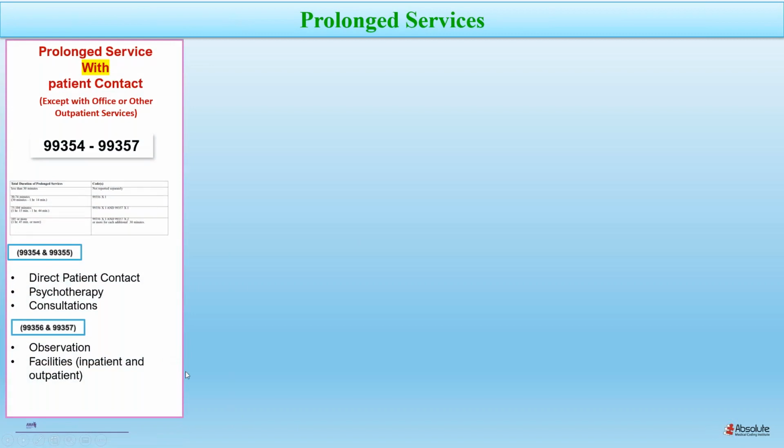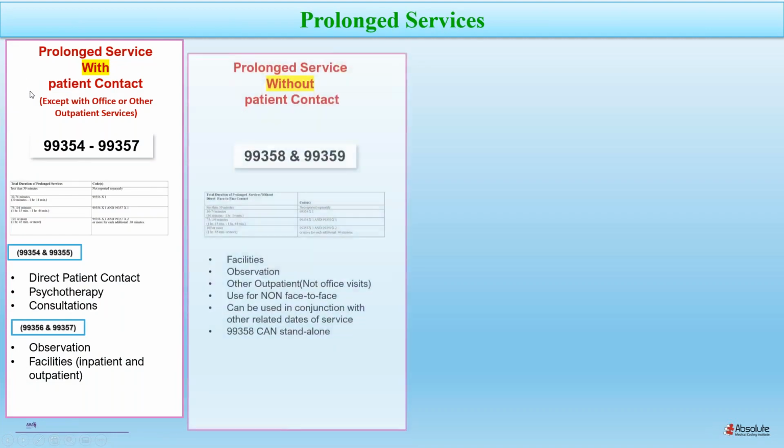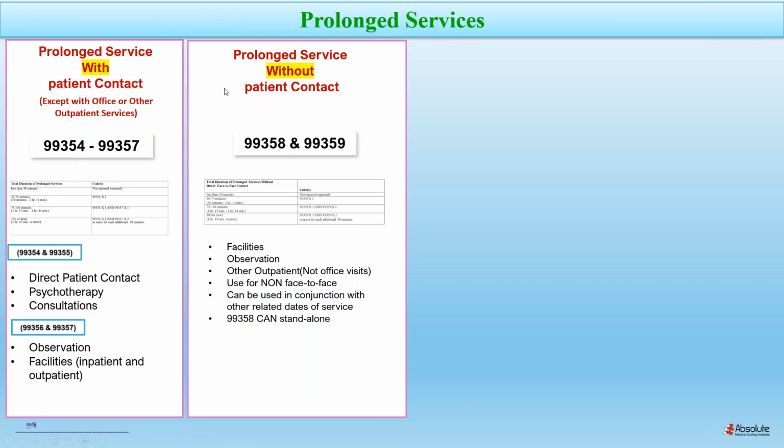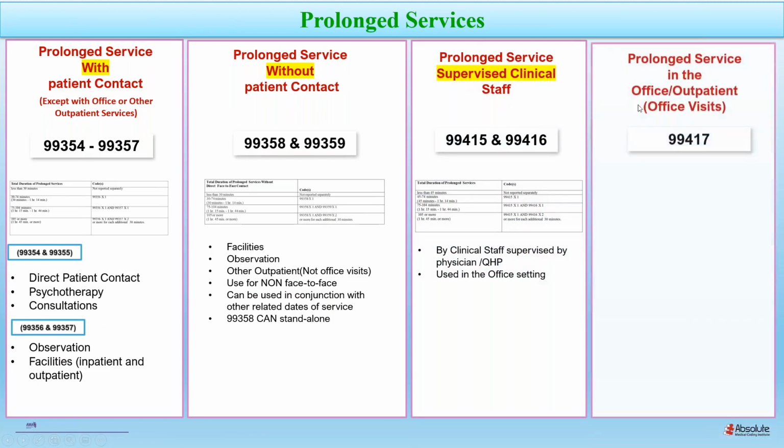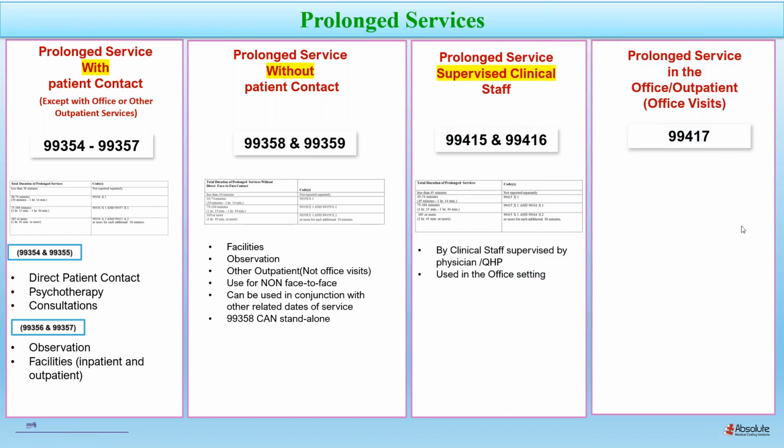Now, there are four classifications of codes. You have prolonged services with patient contact, prolonged services with outpatient contact, prolonged services rendered by the clinical staff, and prolonged services in the office. So 99417 is used by doctors in the office.